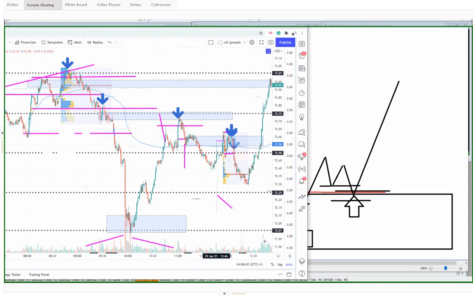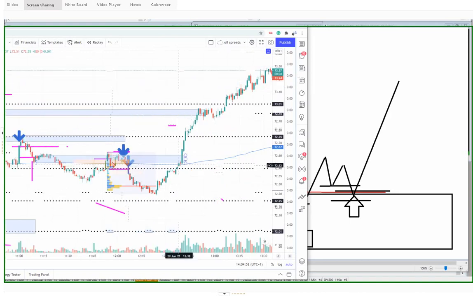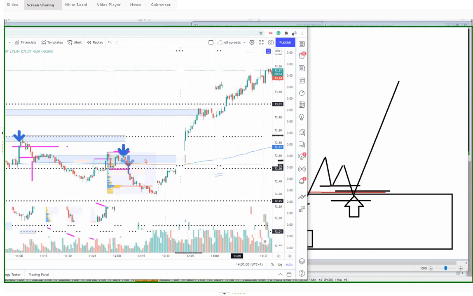But look at what happened when we got above the VWAP and the supply at the same time. When we got above the supply that was in here, and we got above the VWAP at exactly the same time, everybody's now looking at that and saying, damn, Nicky, that's the deal. That's going to go bullish. And that control change has had this amazing effect on the buy side of the book.